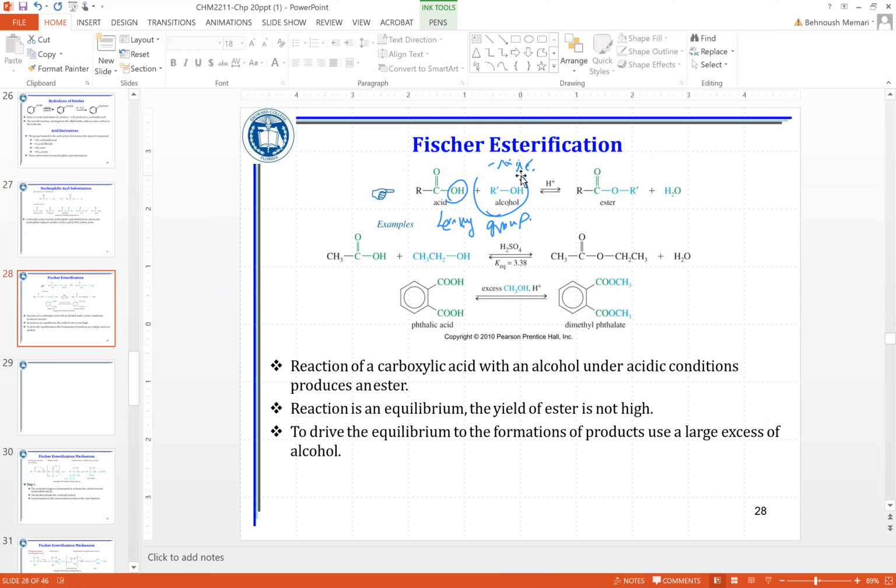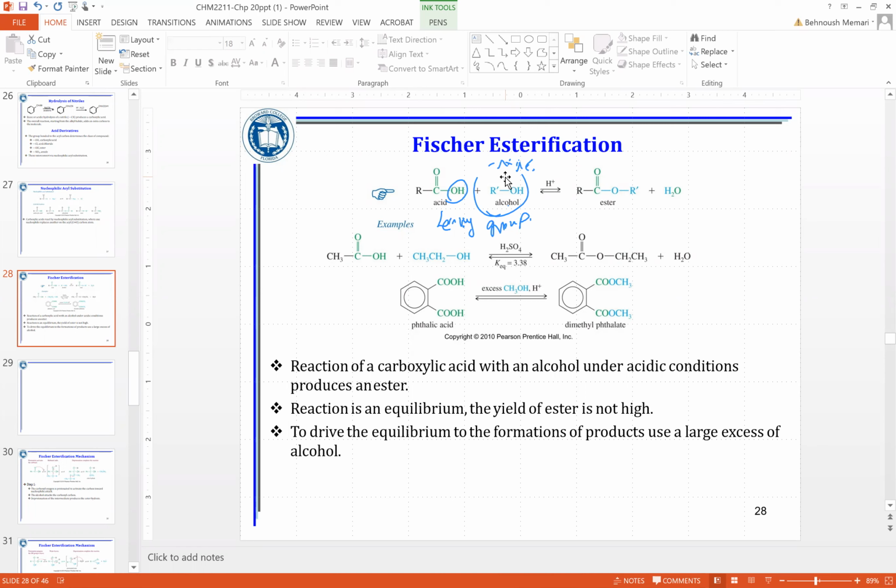Is your nucleophile a strong or weak nucleophile? Is alcohol a strong or weak nucleophile? Alcohol is just like water. Is water a strong nucleophile or weak nucleophile? You know the definition for nucleophile?